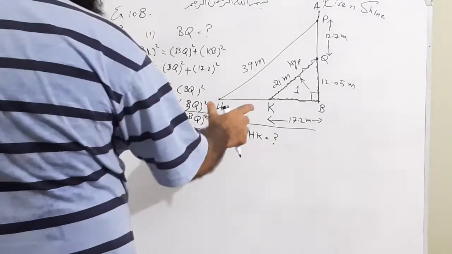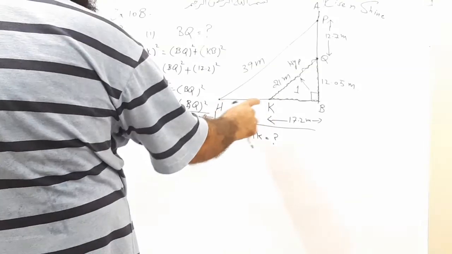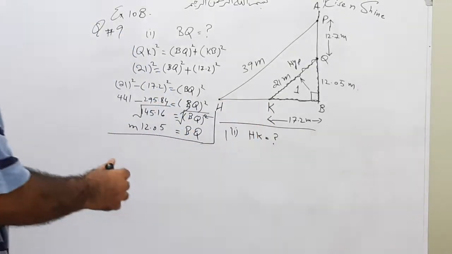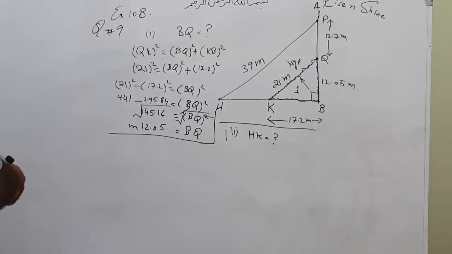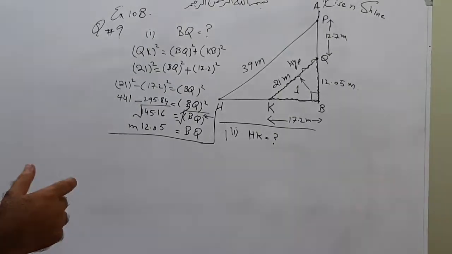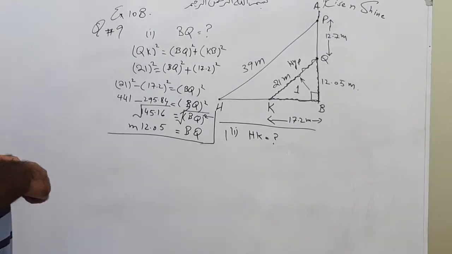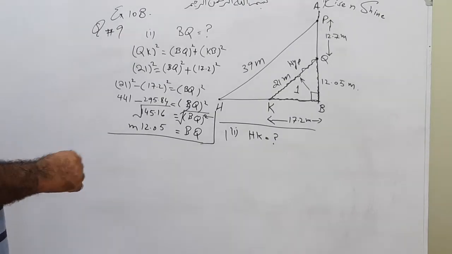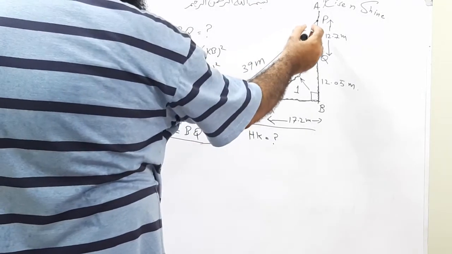HK, this one. In order to find HK, we need to develop the theme first, how to proceed to find the solution. So now we'll be using this triangle.